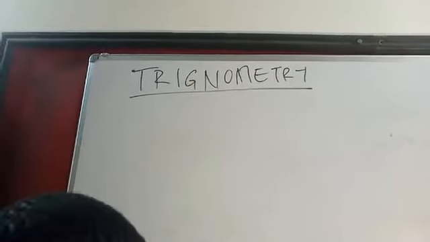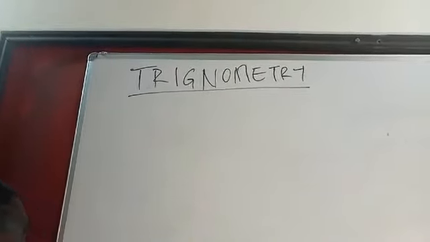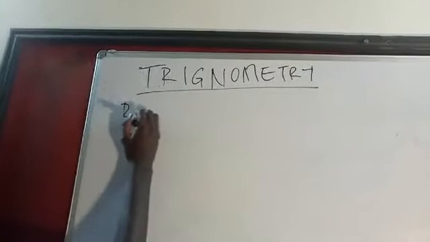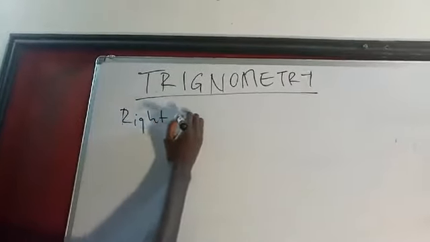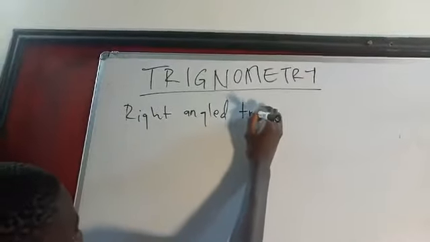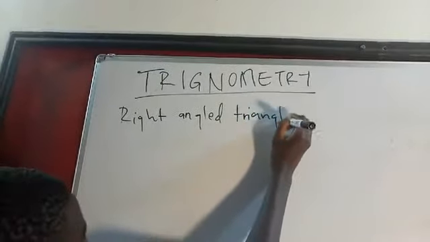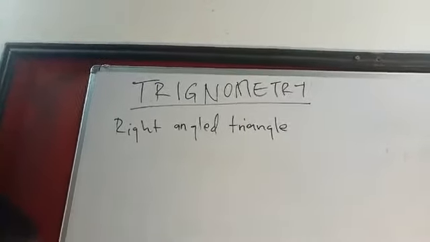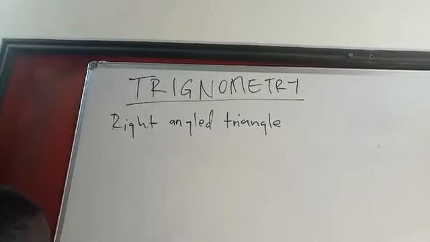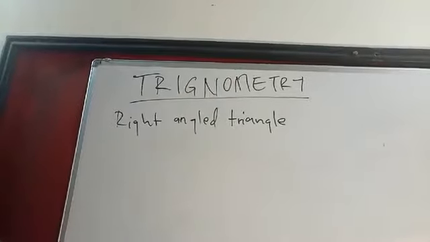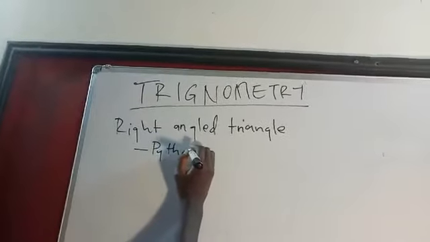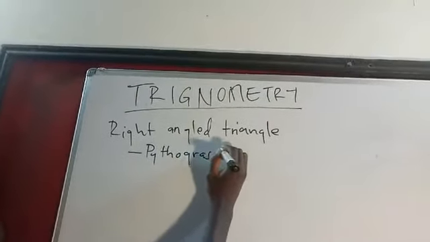In trigonometry, we are gonna look at what we call right angled triangle. In right angled triangle, we are gonna specifically look at what we call Pythagoras theorem.